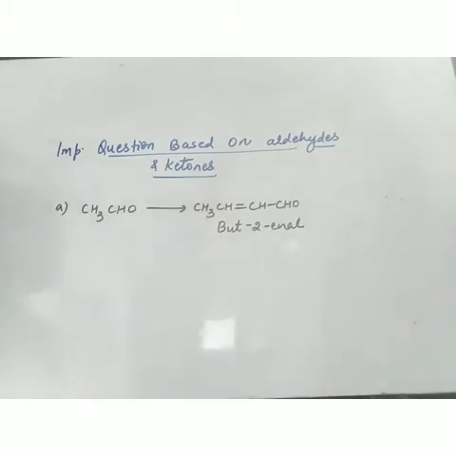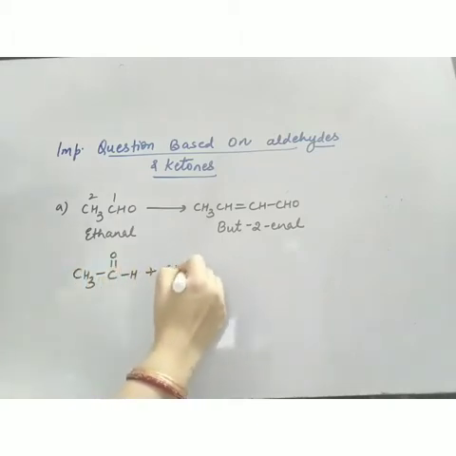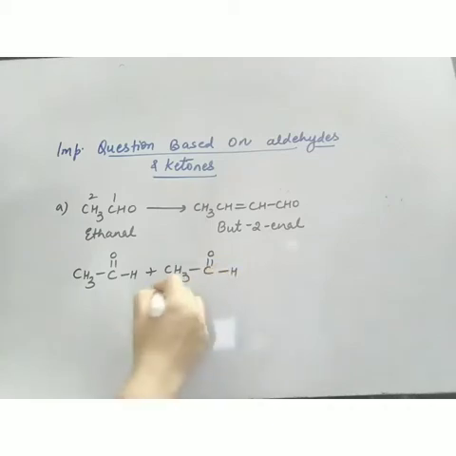First, this is ethanal, that is acetaldehyde, and we have to convert this to but-2-enal. It has 2 carbon atoms, and the product has 4. The number of carbon atoms is doubling and the functional group remains intact. It means we have to carry out aldol condensation, because if you remember, in aldol two molecules combine together. It is self aldol condensation, so I will take both molecules as the same.